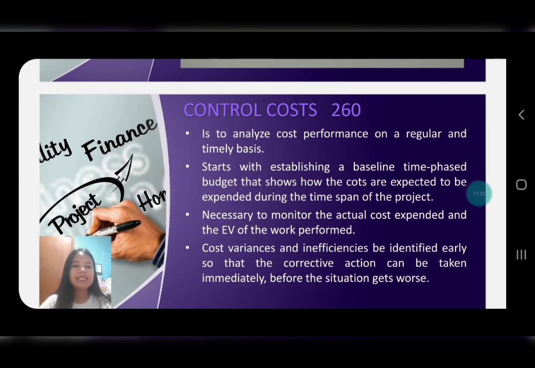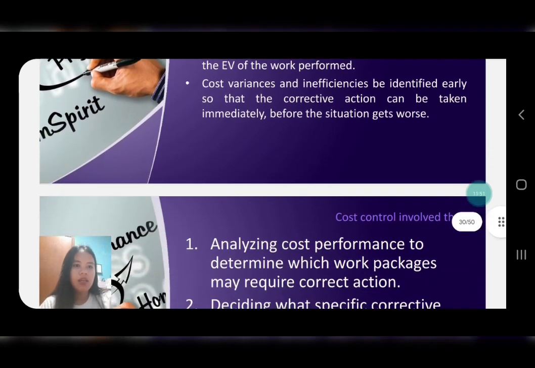So it's more like the budgeted time allowance for the specific lifespan of the project. It is necessary to monitor the actual cost expended and the EV of the work performed, so that cost variances and inefficiencies are identified early and corrective action can be taken immediately before the situation gets worse.